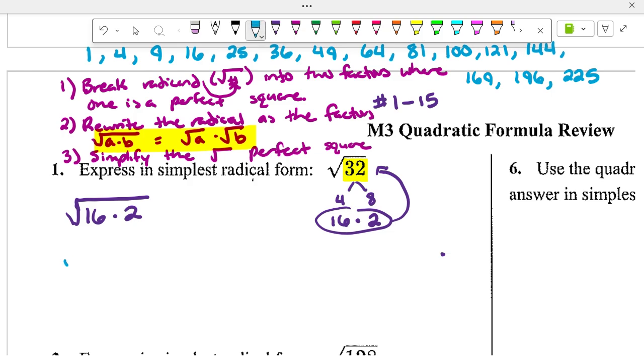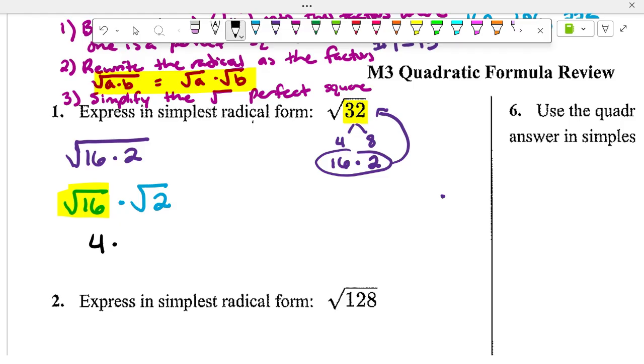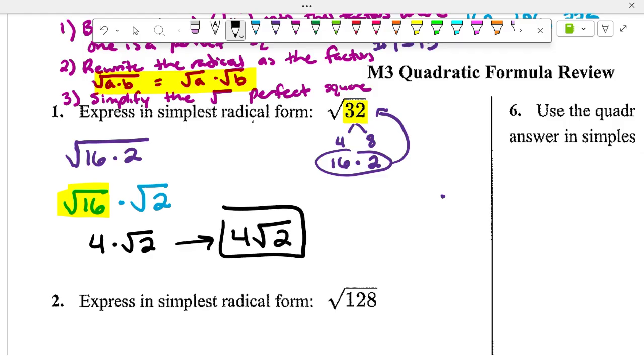So I can rewrite this as the square root of 16 times the square root of 2. And then I need to simplify that perfect square. So I need to simplify this radical right here, because we know the square root of 2 won't give us anything pretty. But what's the square root of 16? 4. So this will be 4 times the square root of 2, which we could just clean up to be 4 square root 2. And that's our answer.